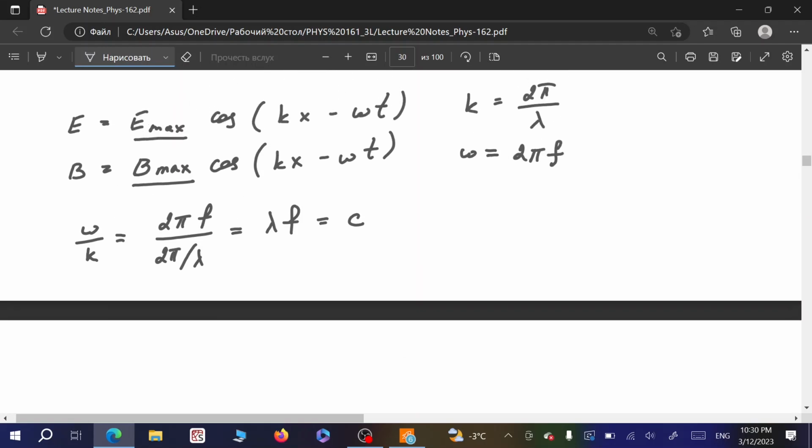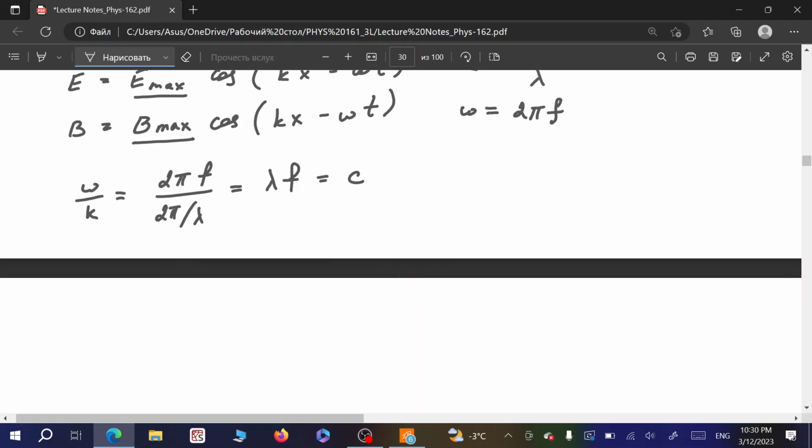So now let us take derivatives of the electric and magnetic field expressions, which we highlighted here, with respect to position x and time t. So we will take the partial derivative of electric field over x and the partial derivative of magnetic field over t.